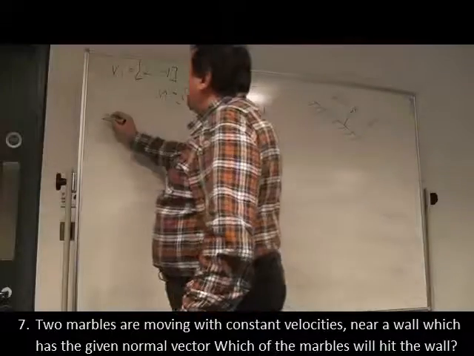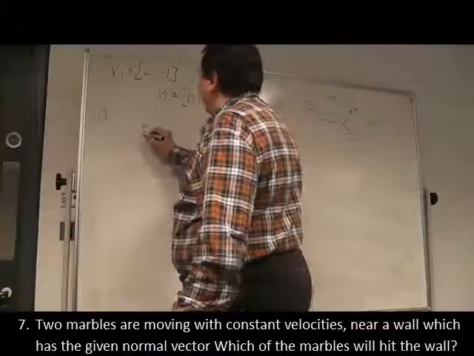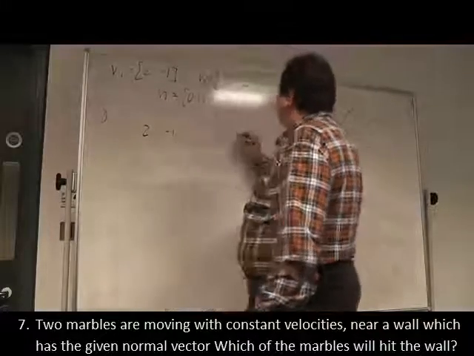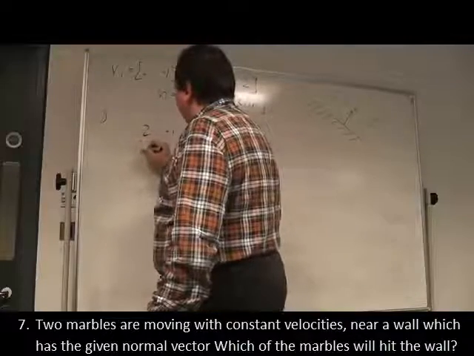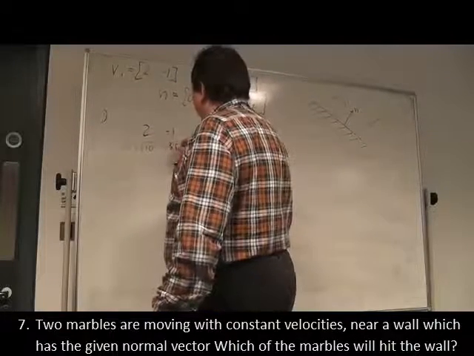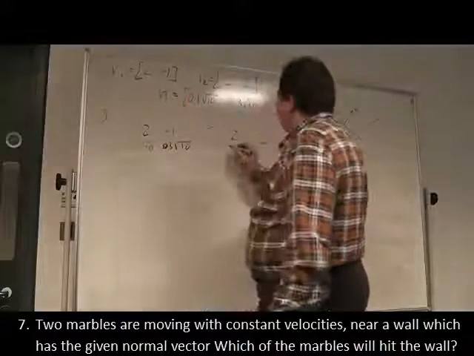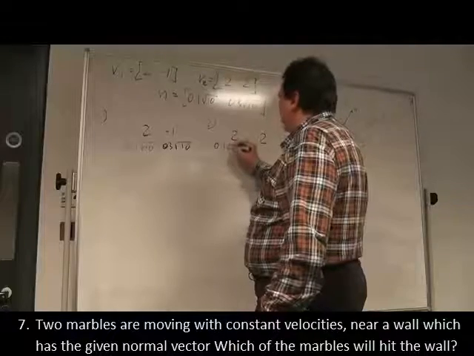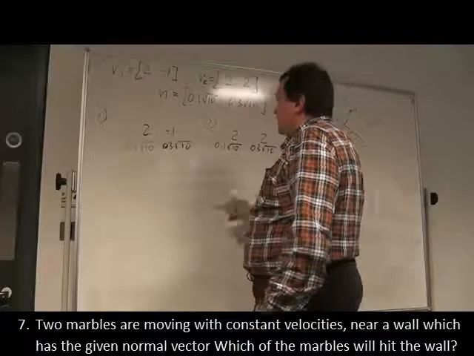So again, case number 1, case number 2, velocity (2, -1), here (2, 2), and we have (0.1 square root of 10, 0.3 square root of 10), and similarly here (0.1 square root of 10, 0.3 square root of 10).